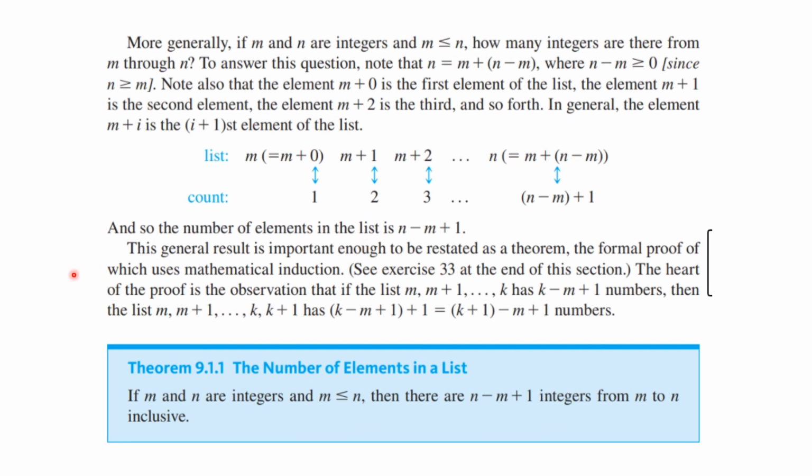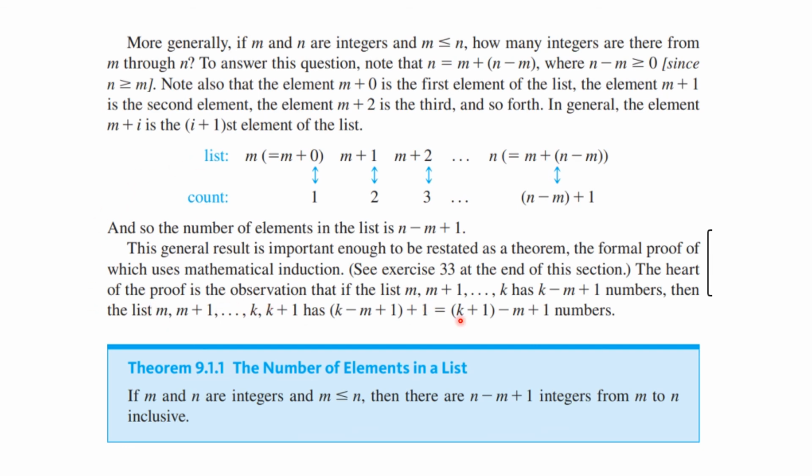Now this is actually an important enough thing to be stated as a theorem, and this confuses many students, I will tell you. And if we were to do a formal proof of this, we would use math induction. The heart of the proof is the observation that we already talked about.